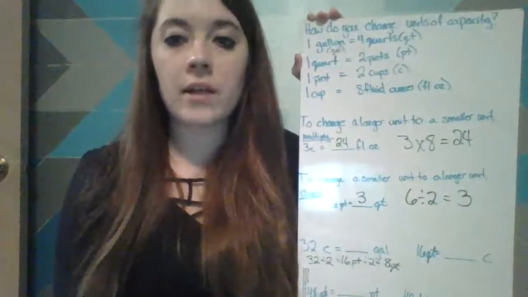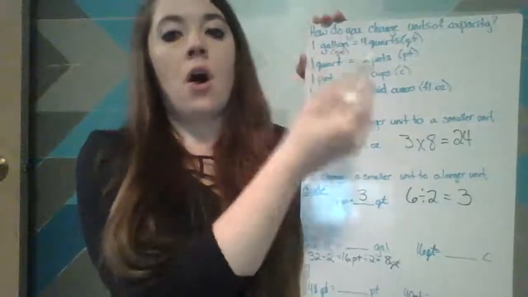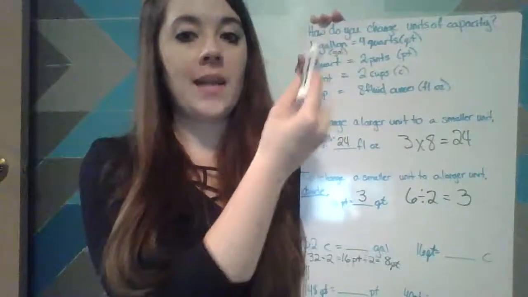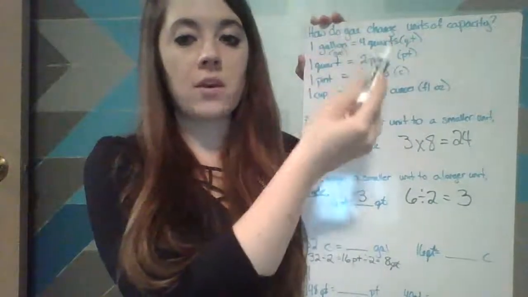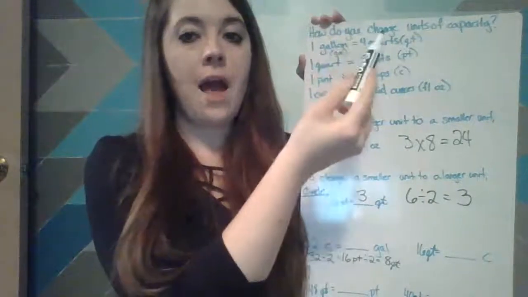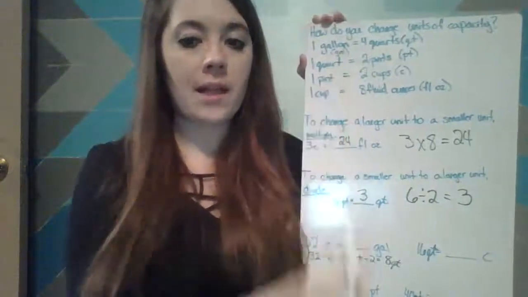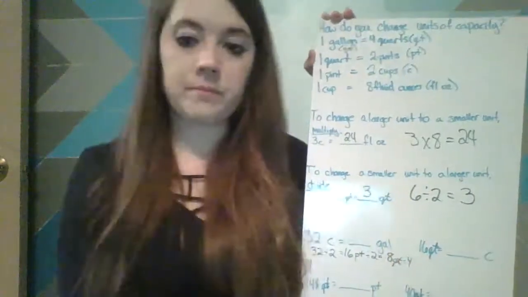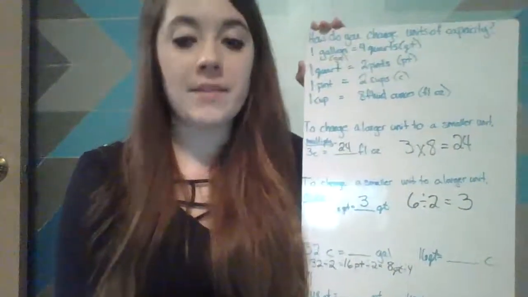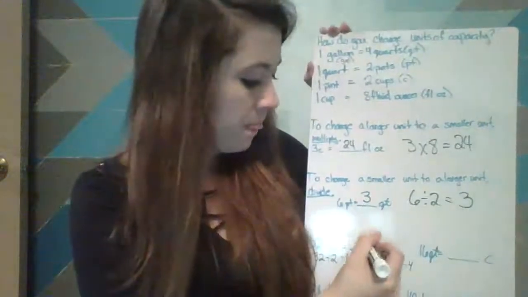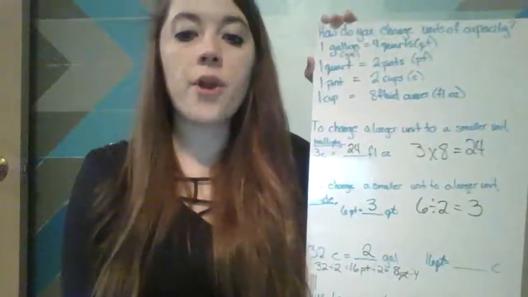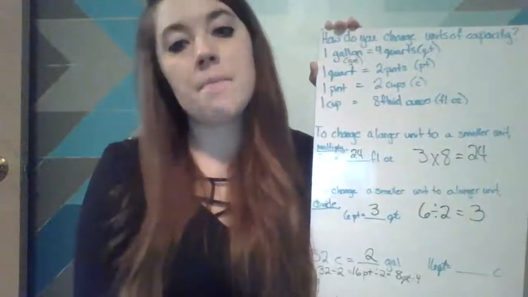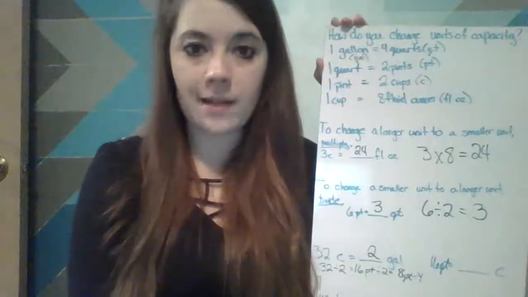Now, our final step, 1 gallon equals 4 quarts. Once again, quarts is smaller than a gallon, and for every 4 quarts, we get 1 gallon. So we take this 8 and divide it by 4. And 8 divided by 4 is 2. So 32 cups is the same thing as 2 gallons.